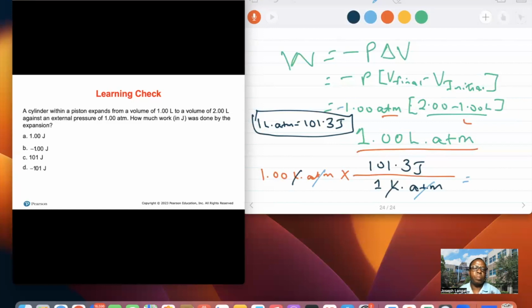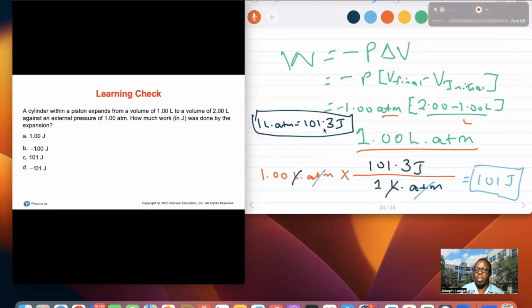So the correct answer is negative 101 joules. I know you may have 101.3, but because we have 3 significant figures, we'll ignore the 3 here. The correct answer is D, as in David.